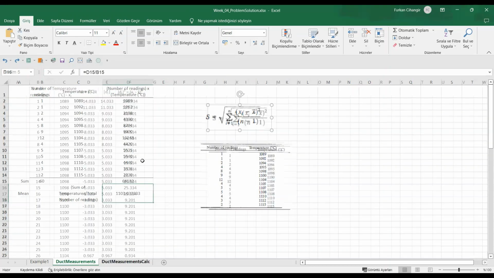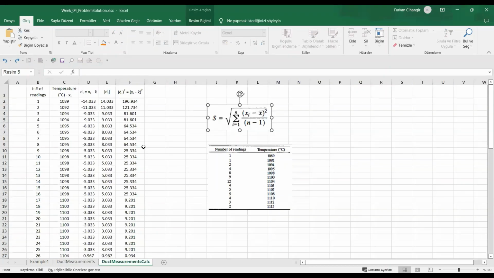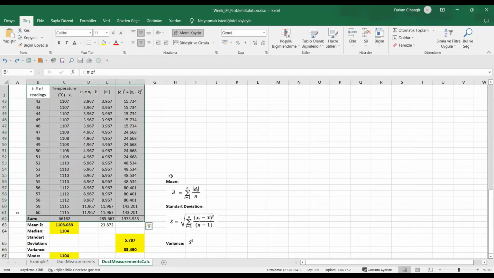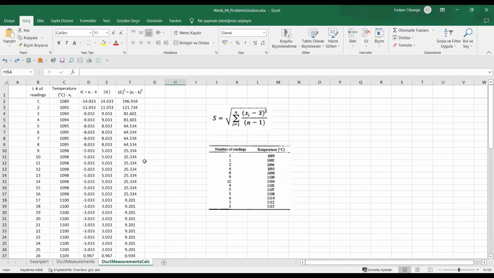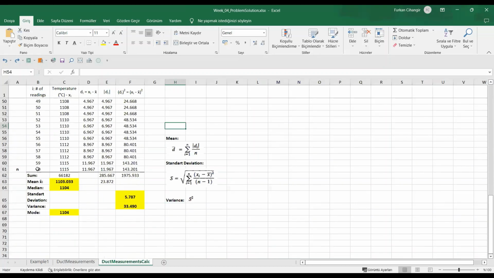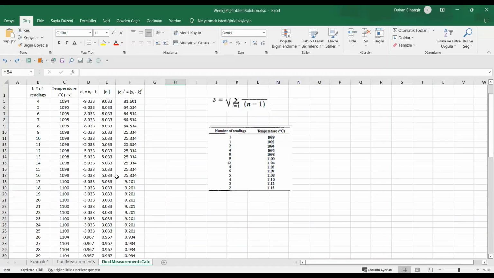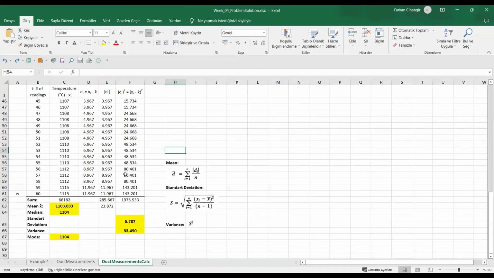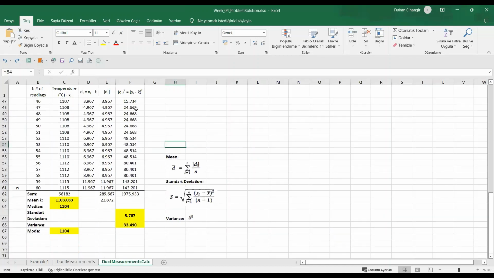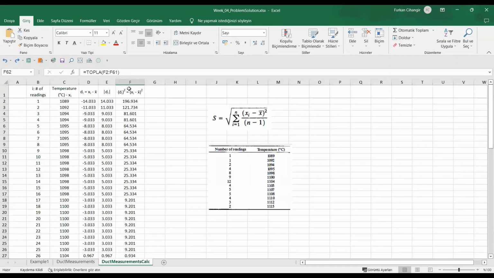Another way to do it, I'm going to put it in a more detailed version like this. Okay, I have 60 measurements in total. All right, and then I'm just going to sum them here with this formula, which is deviation squared.